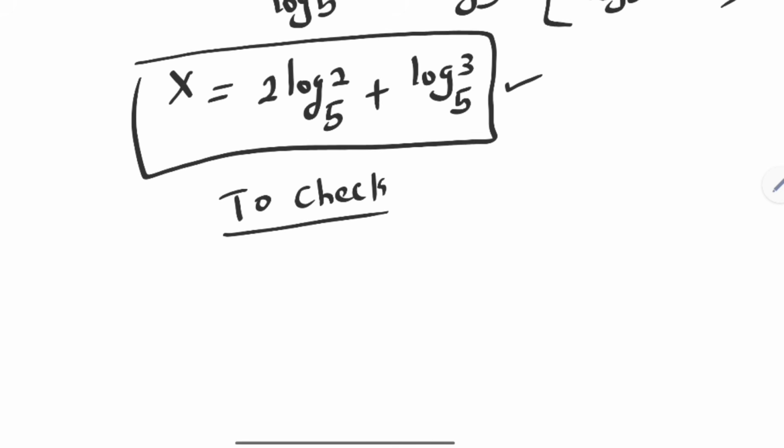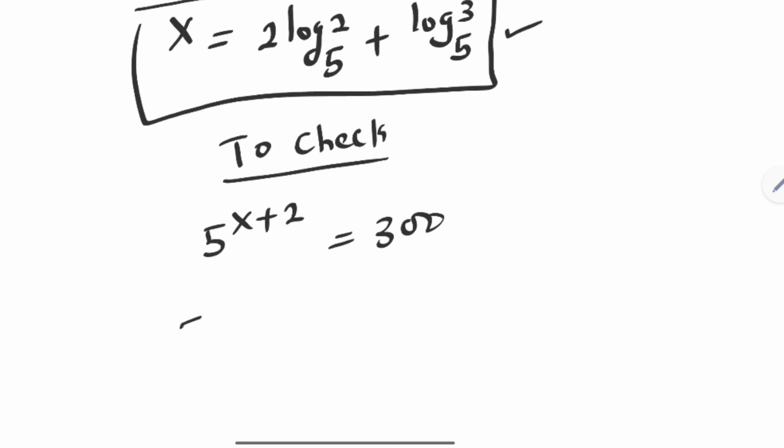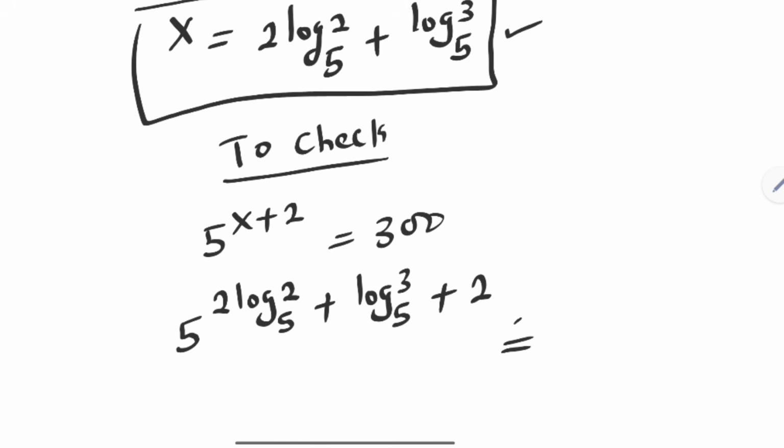To check, we have the given equation 5 raised to power x plus 2 is equal to 300. Then this is the same thing as 5 raised to power 2 log 2 base 5 plus log 3 base 5, plus 2 must be equal to 300.